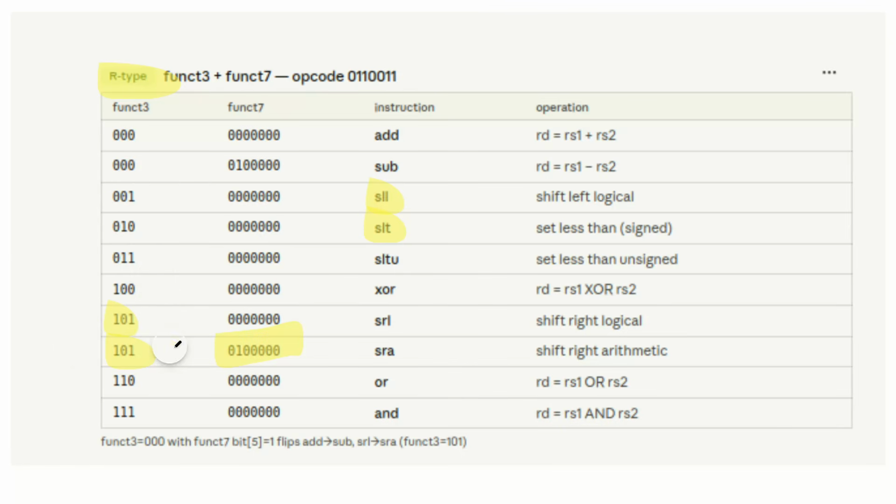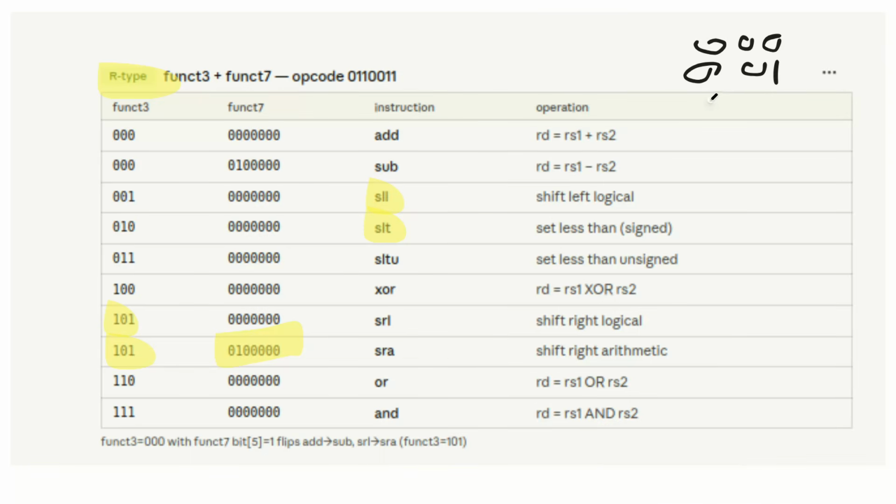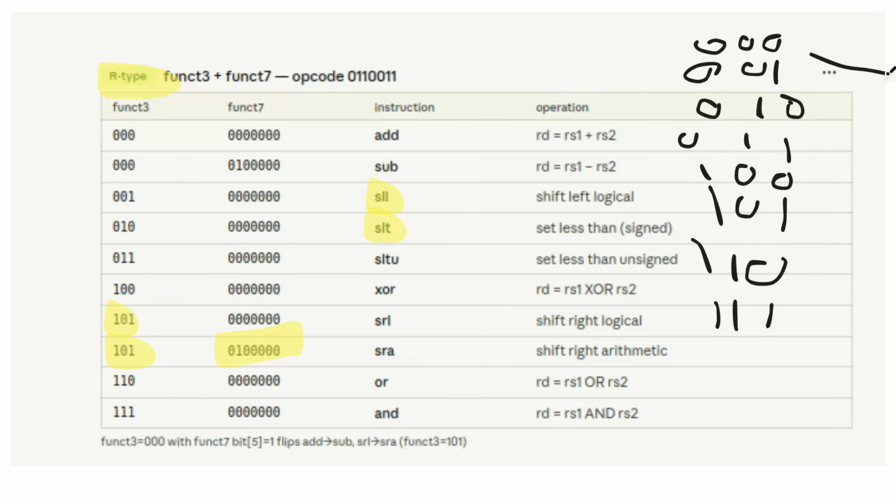Then you have 100, 101, 110, 111. This is how we write the flow.